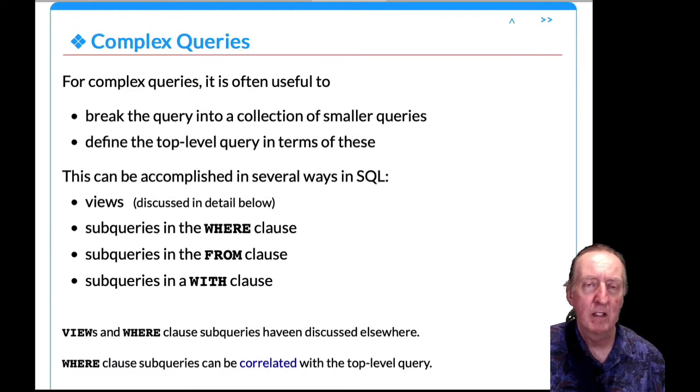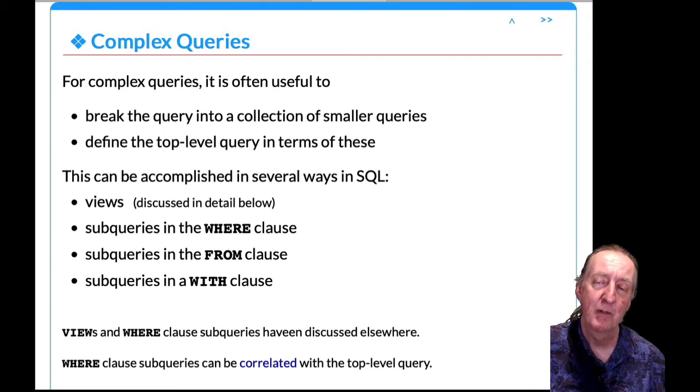So I think I've said this a little bit when I first introduced writing SQL queries, but if you've got some complicated information request, it's often possible to break the query into a collection of smaller queries, and in particular go in reverse order and say, I could solve this problem really easily if I had a particular table that had certain properties, and then write a solution in terms of that ideal table.